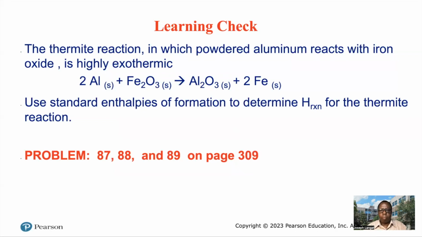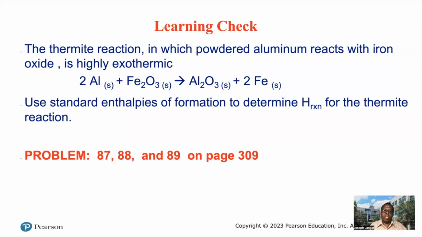Here is an example with the thermite reaction we looked at before in section 7.1, the thermite reaction for hand warmers. 2 moles of aluminum react with iron(III) oxide to form aluminum oxide plus 2 moles of iron.